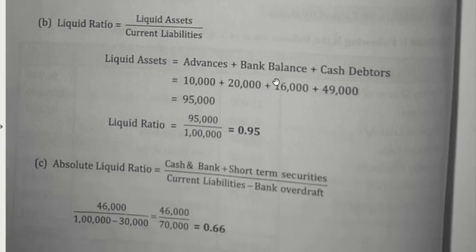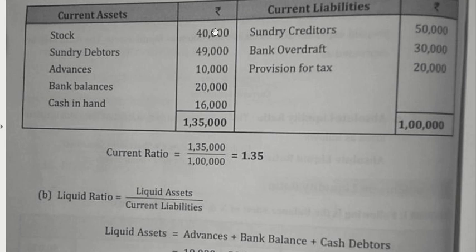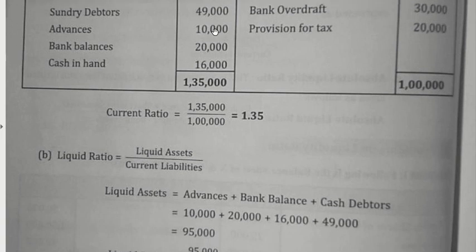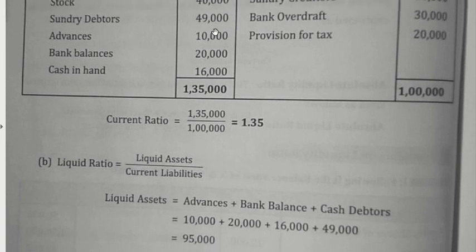Your liquid ratio is liquid assets divided by current liabilities. In liquid assets, we do not consider stock and any prepaid expenses. So the rest four will be considered: sundry debtors 49,000, advances 10,000, bank balance 20,000 and cash in hand 16,000.